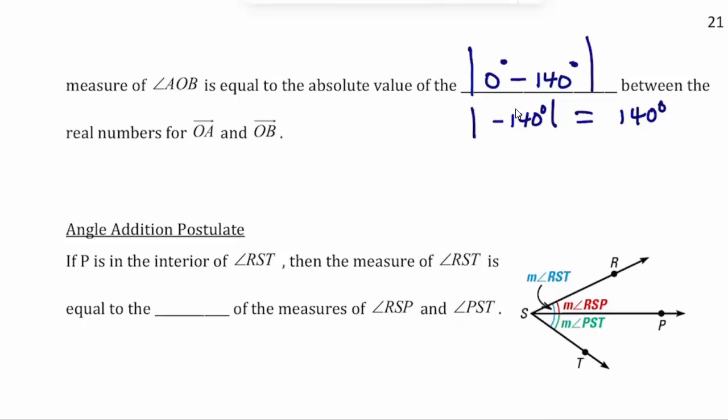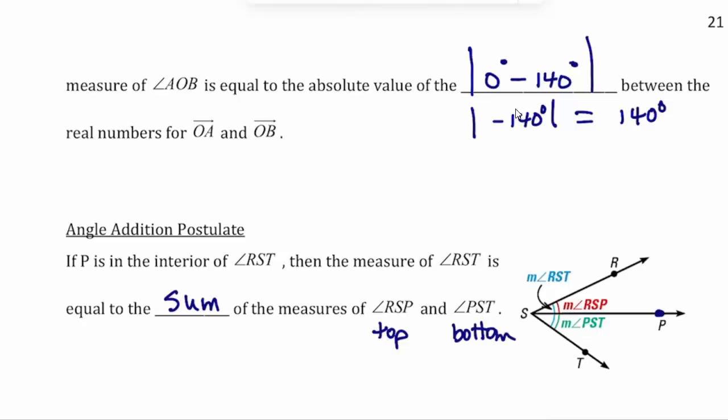Angle addition postulate. If P, so here's P right here, is in the interior of angle RST, then the measure of angle RST is equal to the sum of the measures of angle RSP, so that's the top angle, and angle PST, that's the bottom angle.